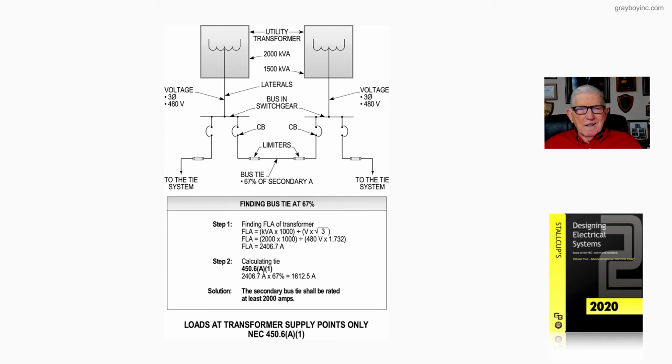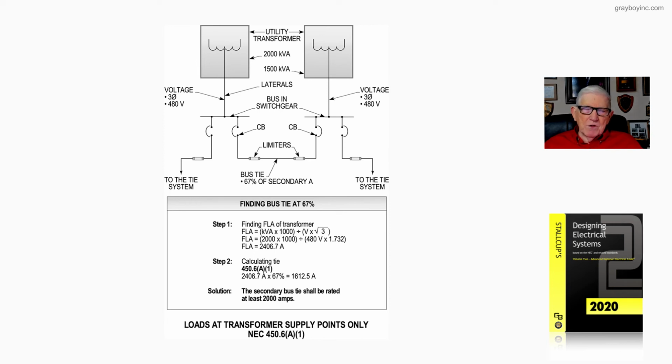Now, to calculate the 67% rule, step 2 takes 2,406.7 times 67%, and we come up with 1,612.5 amps.